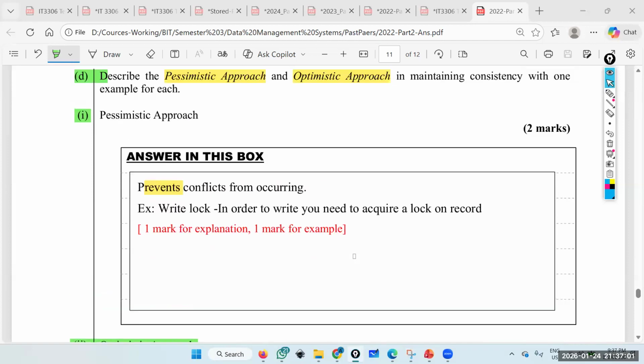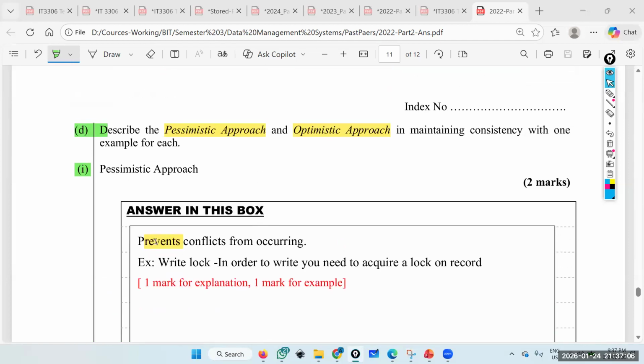Okay, right. So the examiner has even given you some examples. In preventive approach, you go for locks. For example, when you go to the washroom, you lock the washroom, right? It's a preventive approach, so that others can't enter the washroom.